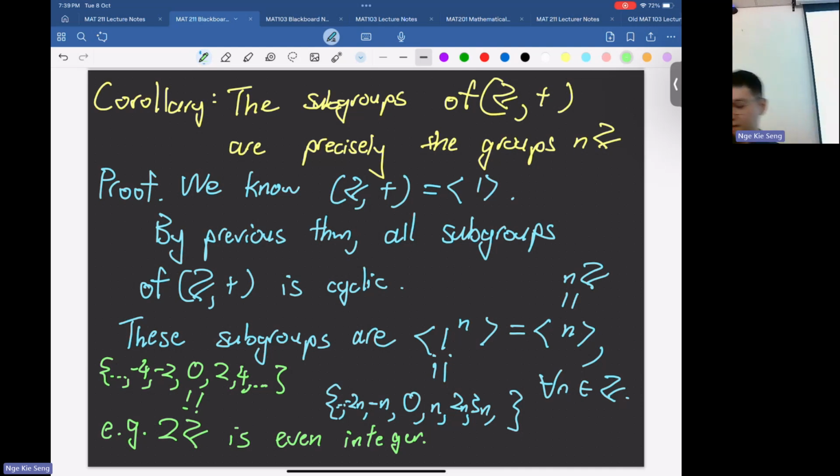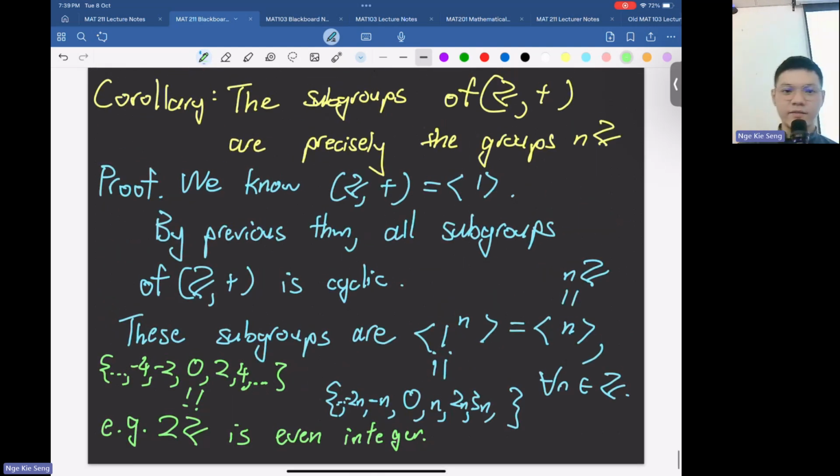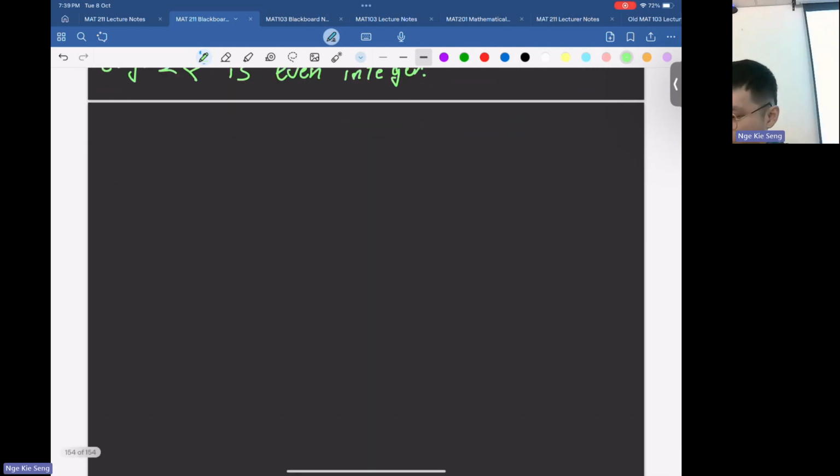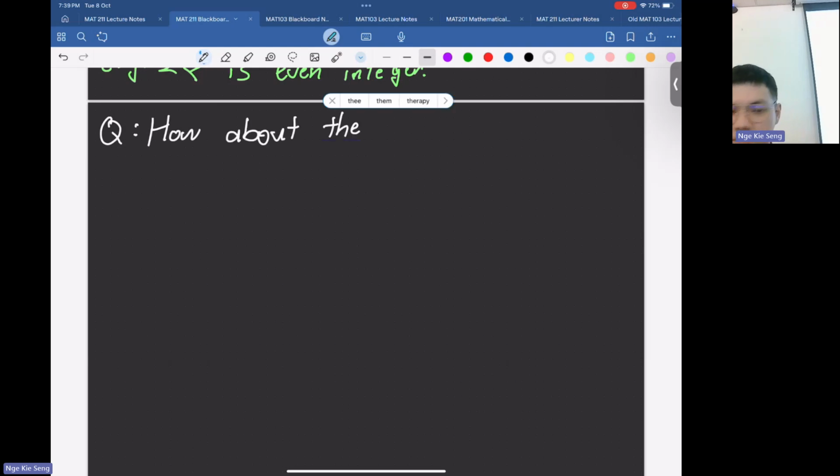So one question here. There's one specific subgroup you can look at inside Z. Let me write it down. So what do we do here?